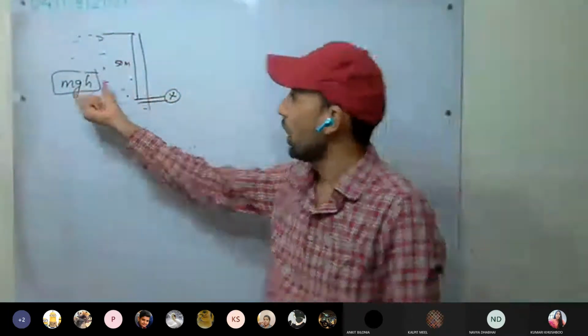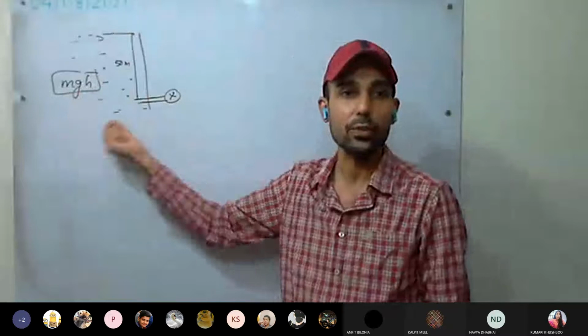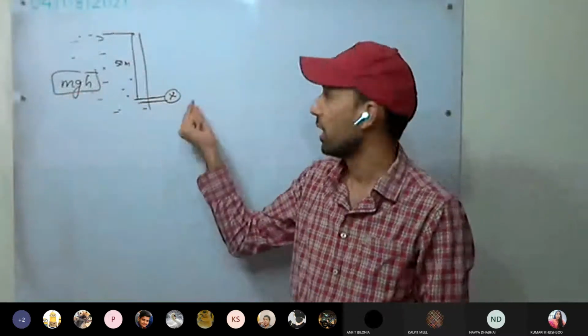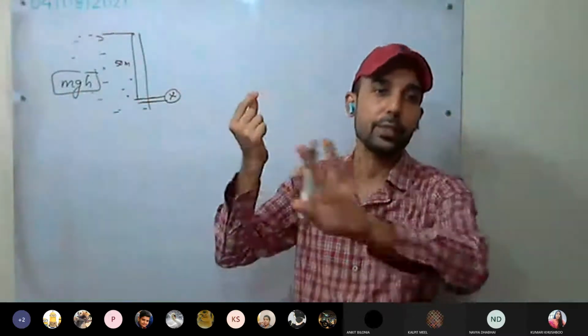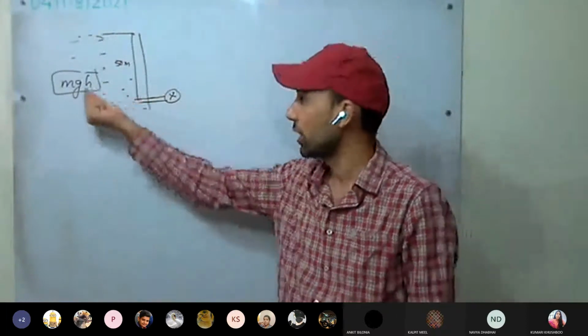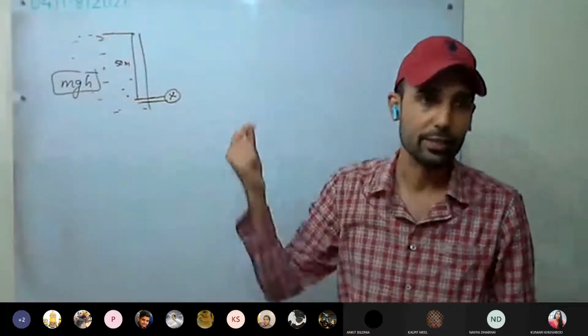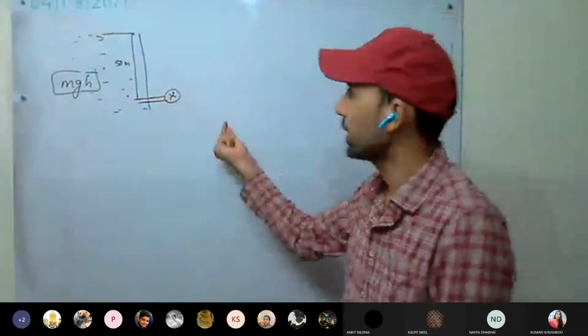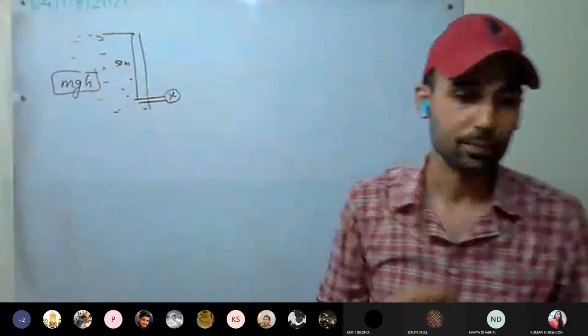So out of this much energy, we are able to use only 40%. Efficiency is 40% means 60% is wastage, converted into other forms of energy, whereas the useful energy is only 40%.